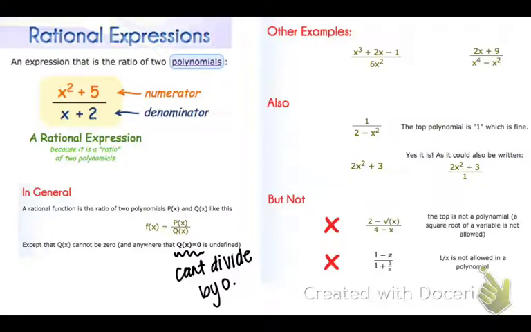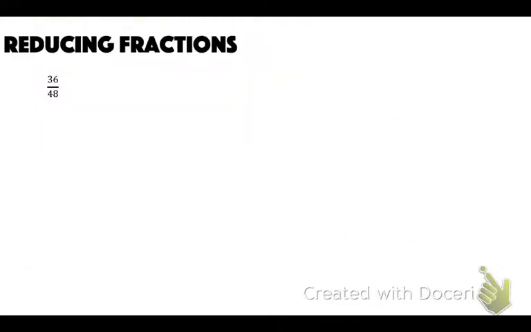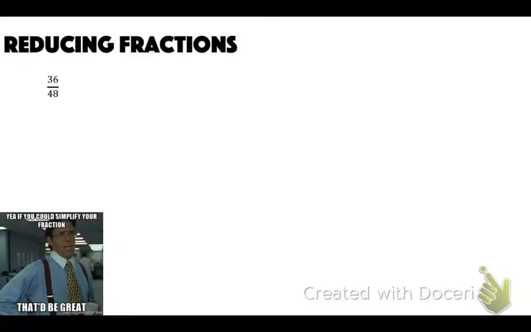Okay, so let's go through just reducing fractions. So like this 36 over 48, we could reduce this by seeing what goes into top and bottom, which here 12 goes into 36 and 12 also goes into 48. So I can divide those by 12, which 36 divided by 12, I'm just left with 3.